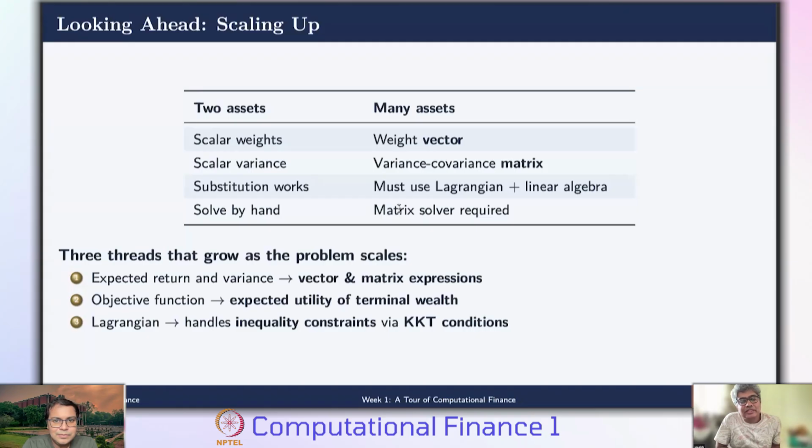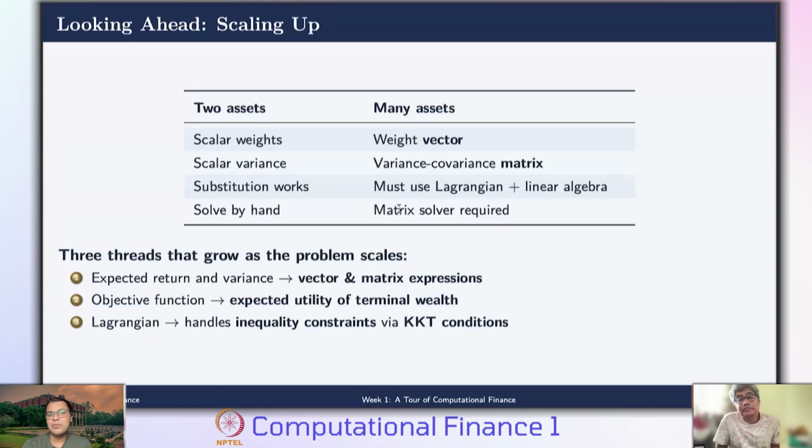We can manage it with a scalar weight, but when we go to many assets, we have to handle it as a vector. In the two asset case, we can handle the variance as a scalar variance. But when we handle many assets, like 10 or 20 assets, the scalar variance will convert into a variance covariance matrix.